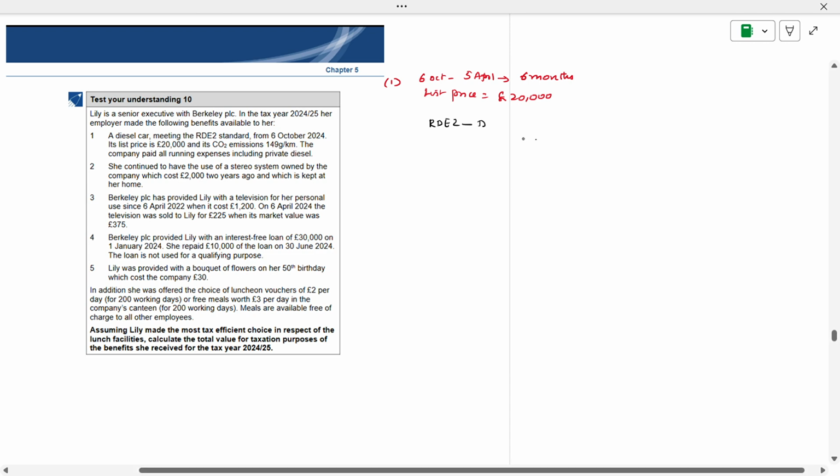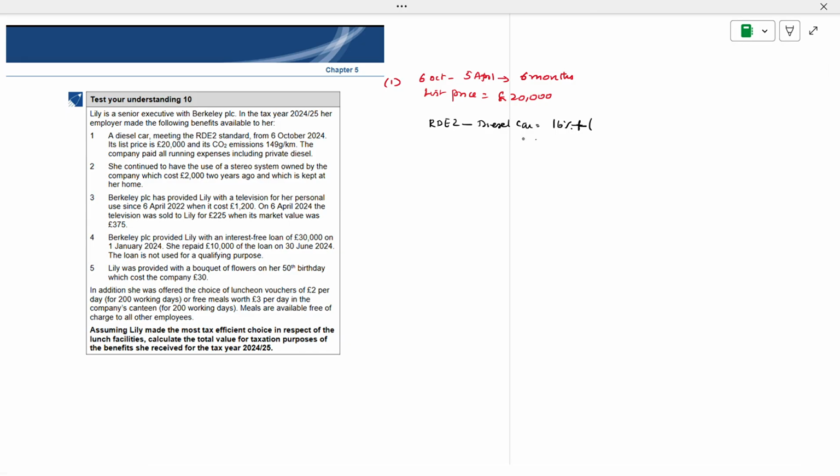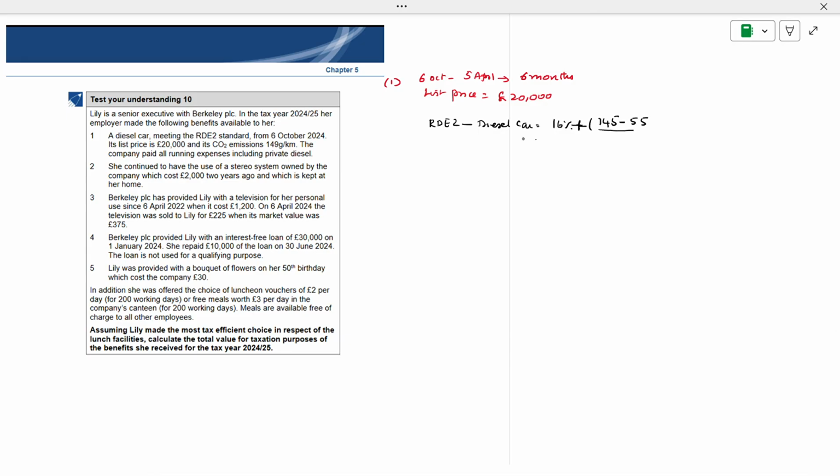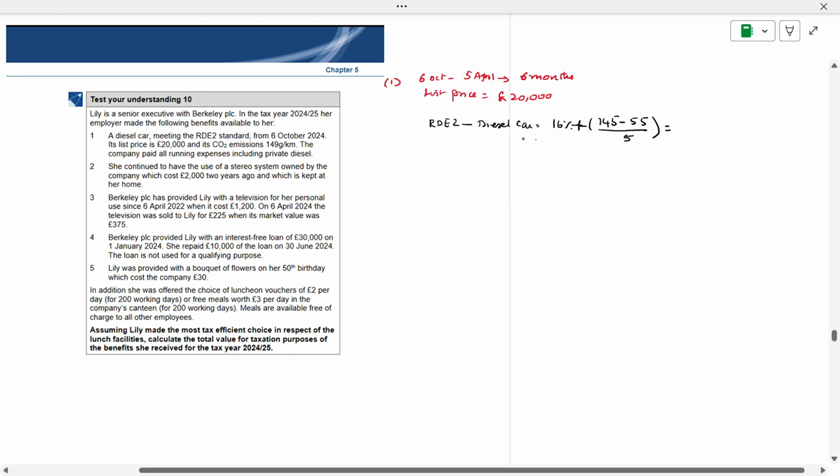Diesel car, is it 16% plus 145 minus 55 divided by 5? How much will you get? So 34%. Okay, 34%.